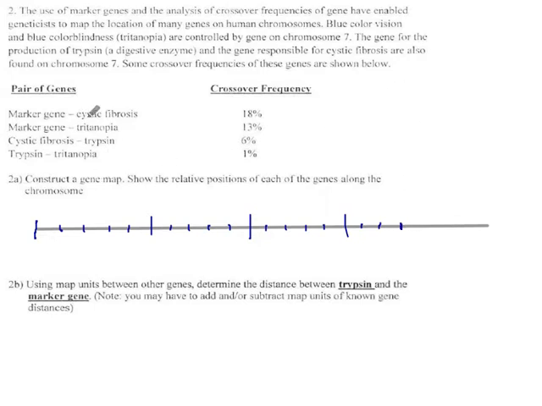Okay, so the marker goes on one end and CF goes on the other one. I'll use M for marker and CF is the standard for cystic fibrosis. Now all these other ones fall in the middle.